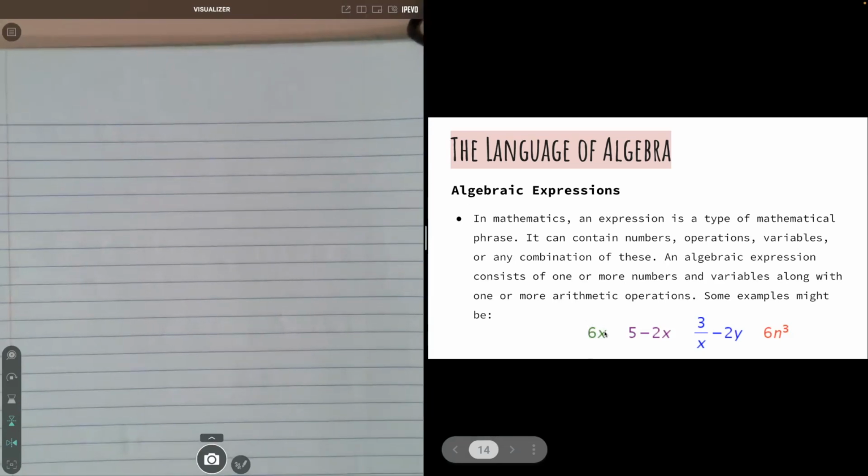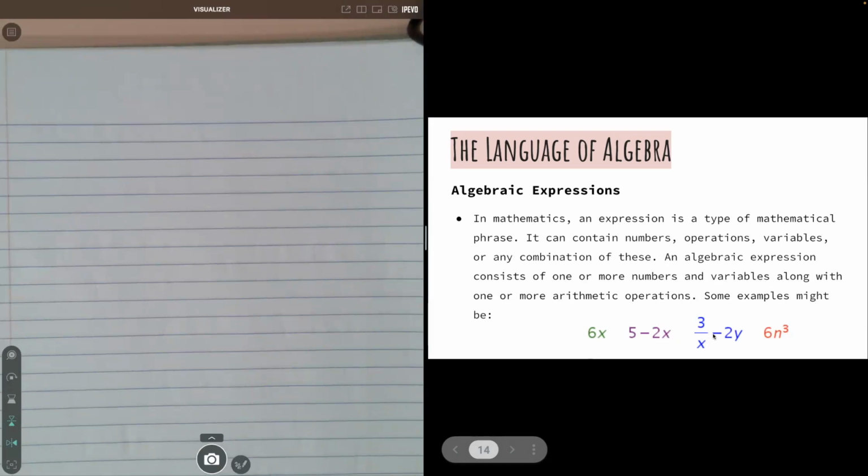So that together there is one or more numbers or variables, and one or more arithmetic operators, like the multiplication. Here, 5 minus 2x, that together is an expression. We have the term 5 and then the term negative 2x.